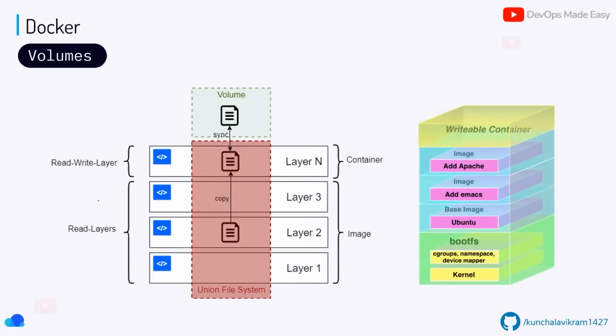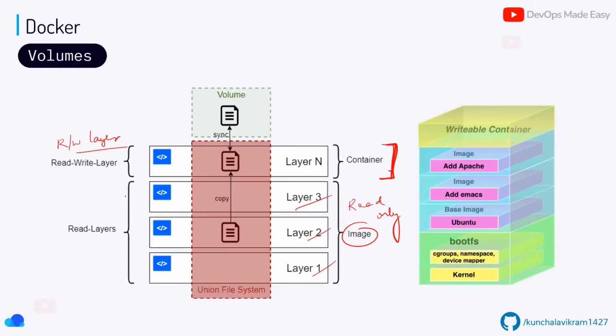We know that our image will be full of layers. We have layer 1, layer 2, layer 3, up to n number of layers. All these are from the image and these are read-only layers. On top of the read-only layers, there will be a read-write layer, also known as the writable layer. This is where the container is going to store the data.